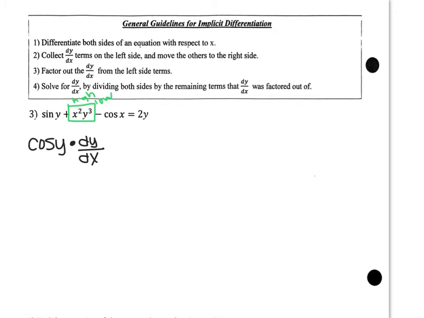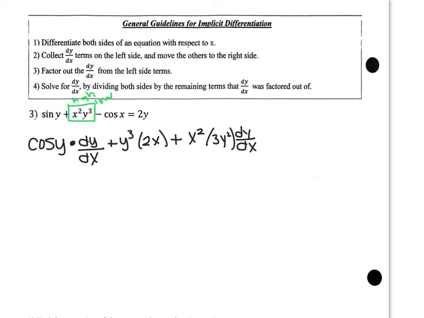So remember, the formula for the product rule is low, d high, derivative of x squared is 2x, plus high, d low. Now the derivative of y to the third is 3y squared, but since we took a derivative of a y, we need to write dy/dx.